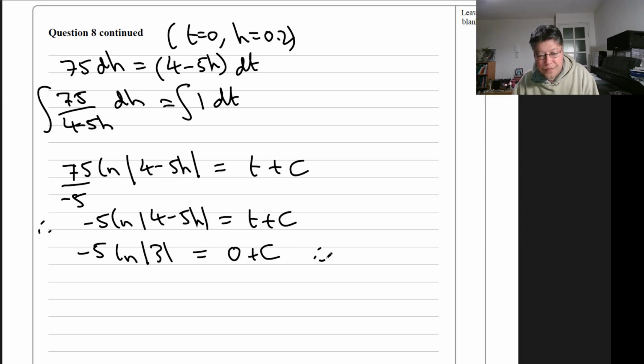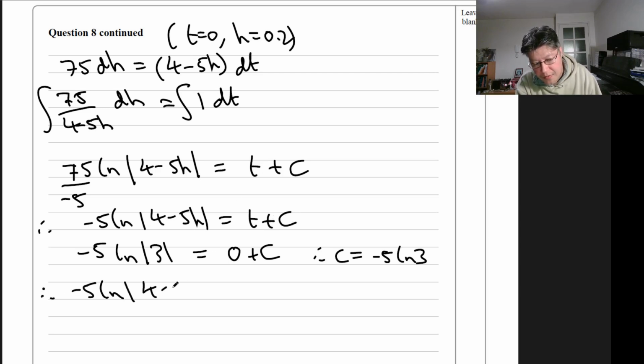So therefore, c equals minus 5 ln 3. Okay, so let's put this into this equation here, just to get the equation. So therefore, minus 5 ln 4 minus 5h equals t minus 5 ln 3.